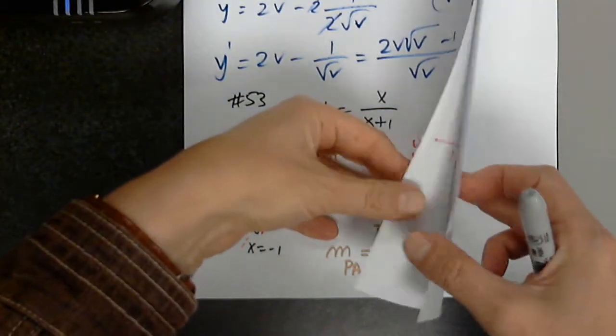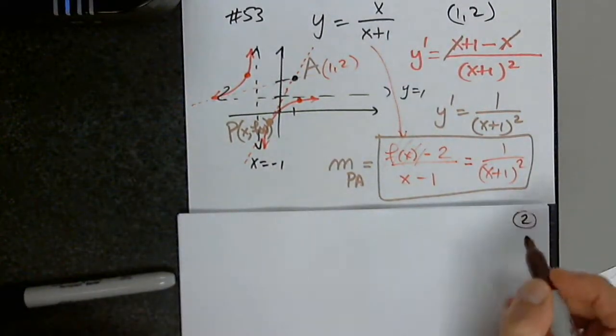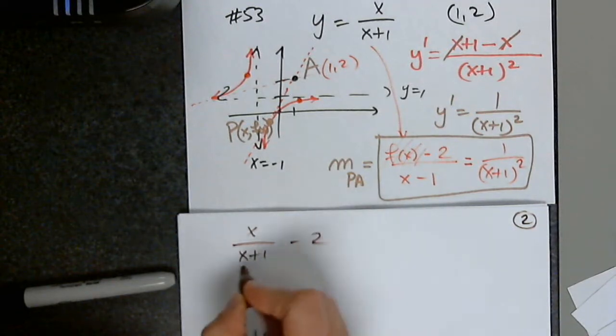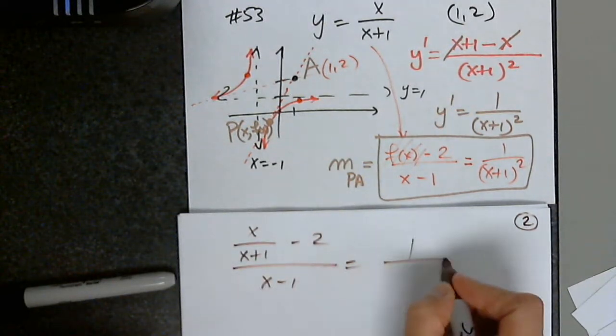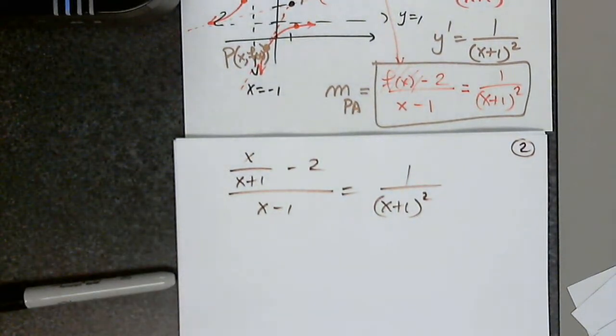So then I have an equation to work on. f of x gets replaced: x over x plus 1 minus 2 over x minus 1 equals 1 over x plus 1 squared. How do I solve this equation? It's a very good problem, very interesting. So how do I solve this?